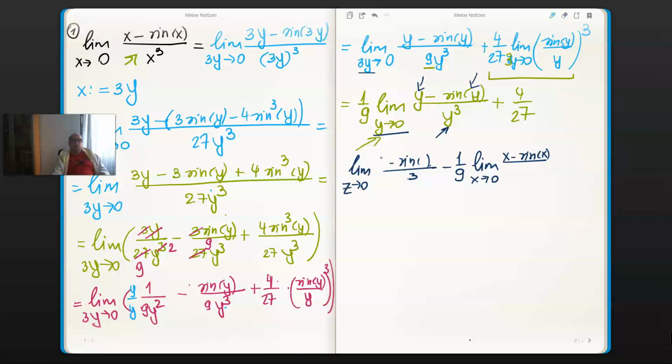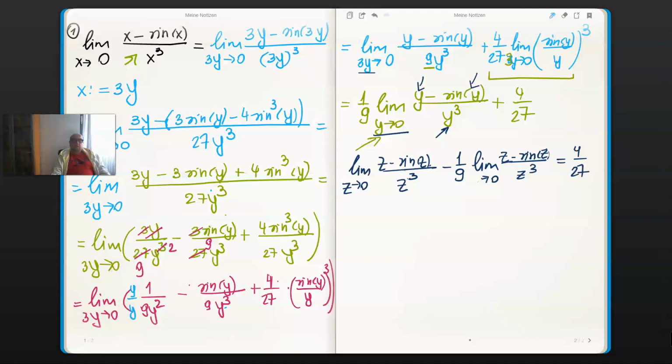So it's z minus sine of z divided over z cubed, and it's also the same here. And on the right hand side, we only have 4 divided by 27.